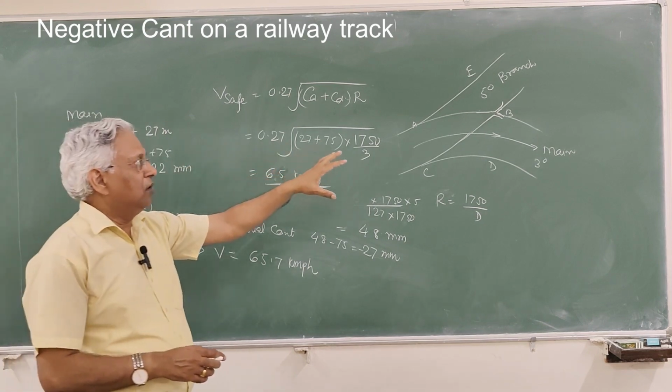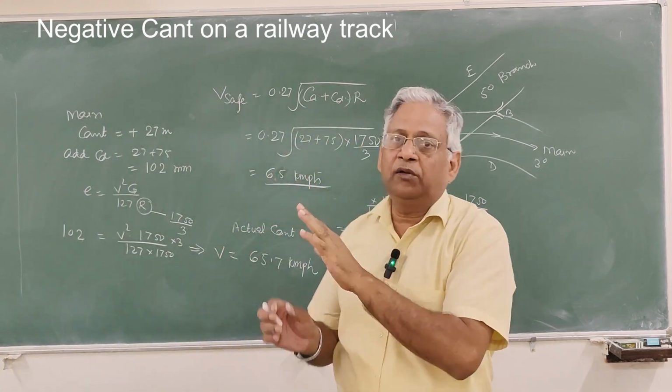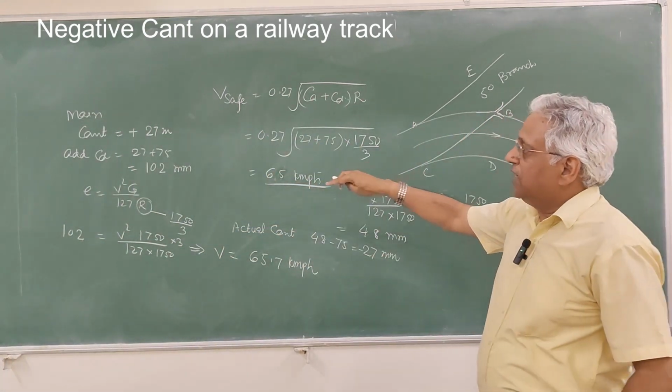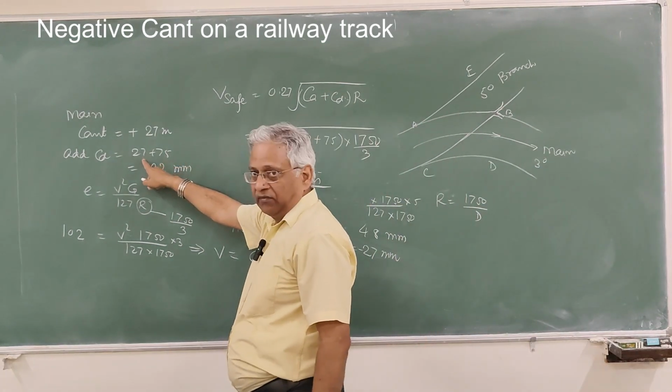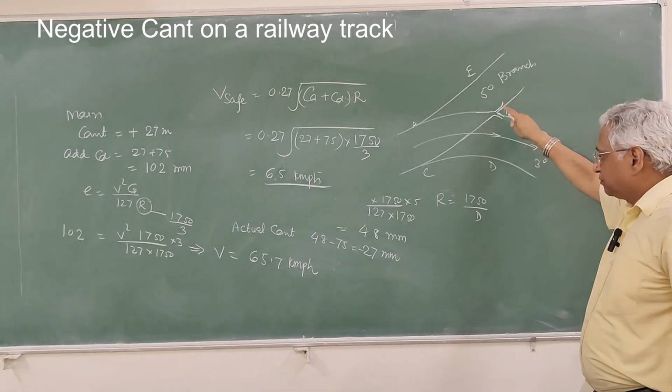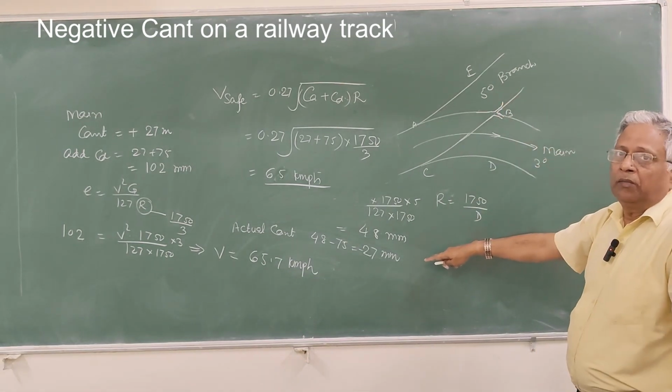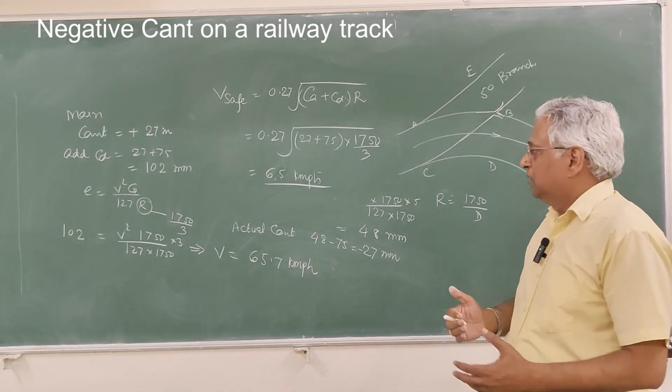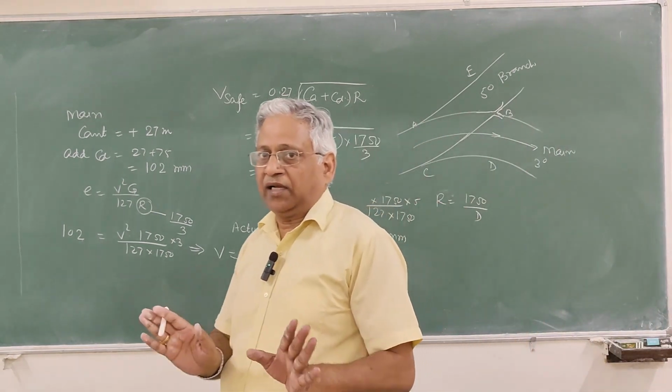So allowable speed on main line will be 65 km per hour by providing a positive cant of 27 on main line and a negative cant of minus 27 millimeter on branch line. That is how we design the diverting tracks.